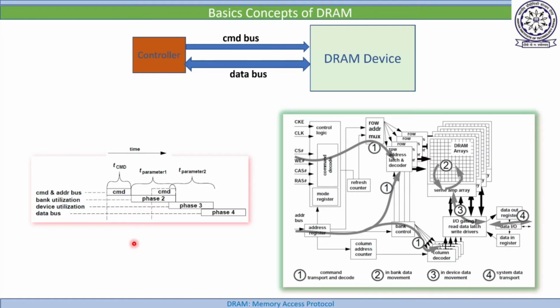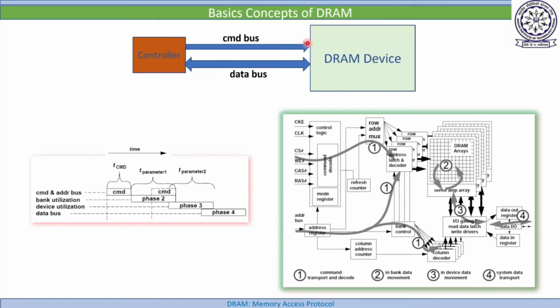So you have to understand that if the controller sends a command, then the time required for the command to reach from here to here is considered as TCMD. This TCMD is the time to reach a command from the controller to the DRAM device.